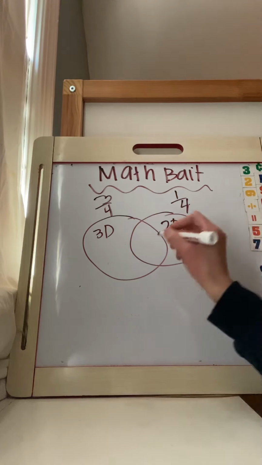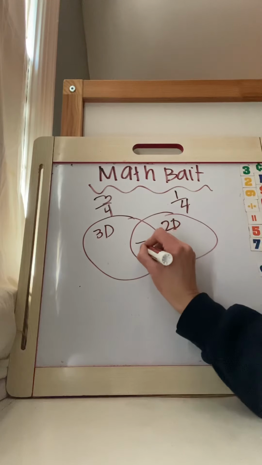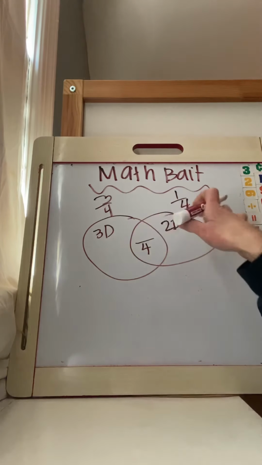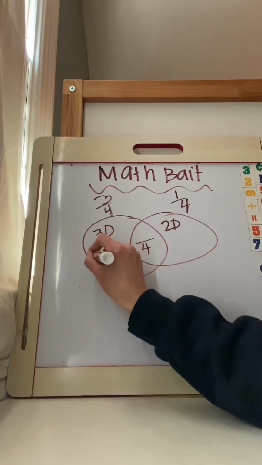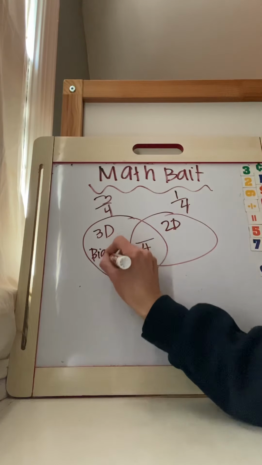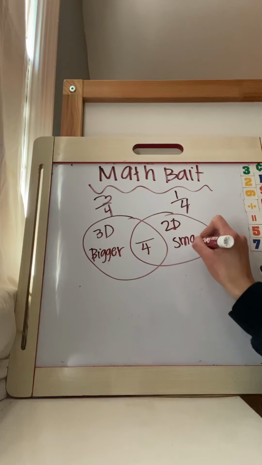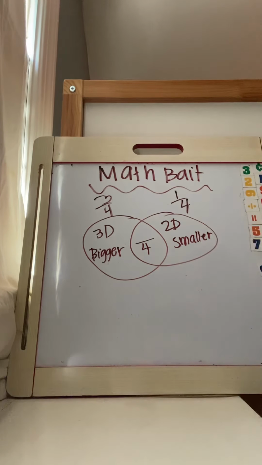One way that they are the same, both of them had a denominator of 4. They were both broken up into 4 equal pieces, right? Another way that this is different from that one, this is the bigger number, right? This one's the smaller number. And we'll talk about that in just a minute when we compare the fractions.